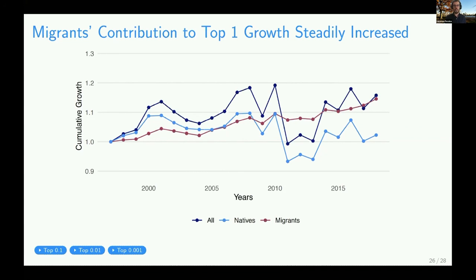First, before the financial crisis, we see an increase in income inequality that is marked by the dark blue line. And then the top share has remained rather flat in the UK overall after the financial crisis. But you can see that instead, the contribution of migrants has increased constantly throughout these periods, through booms and busts, in periods of economic expansions and contractions.